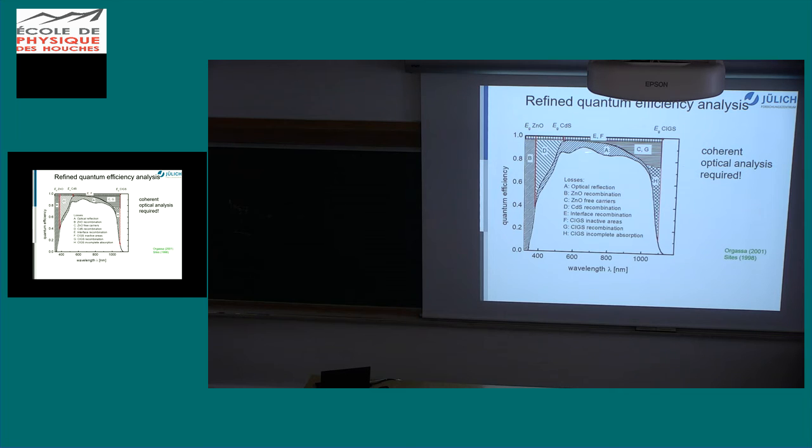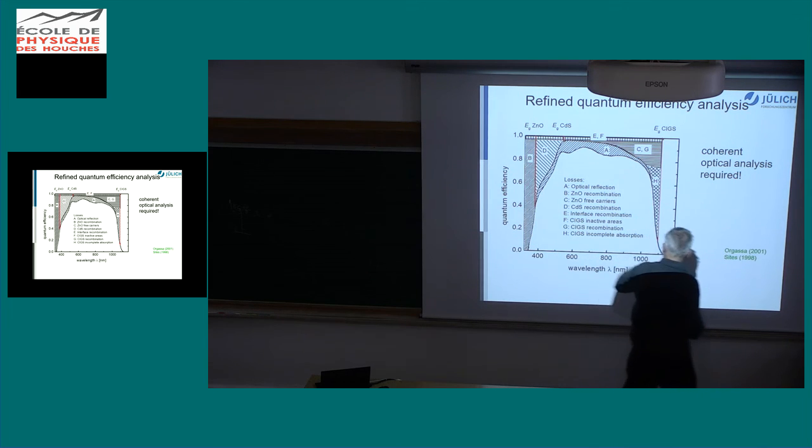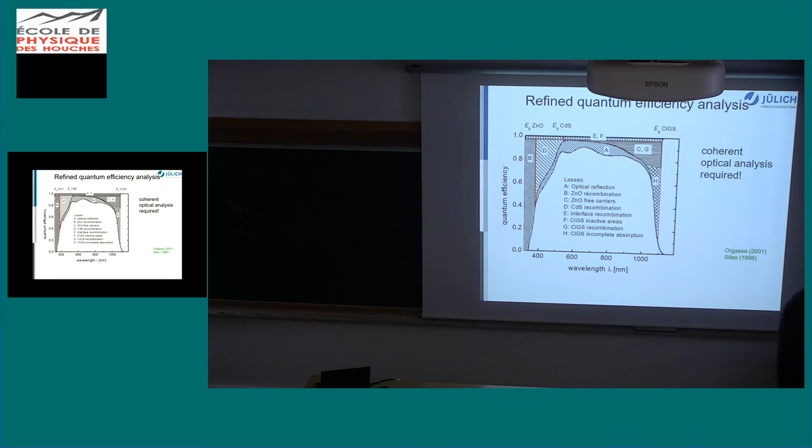First of all, the white area is the used photons at different wavelengths. Everything else are losses. What you would like to have, of course, is, so that's wavelength, just inverse to energy, the Shockley-Queisser limit: unity here and dropping somewhere here to 0.